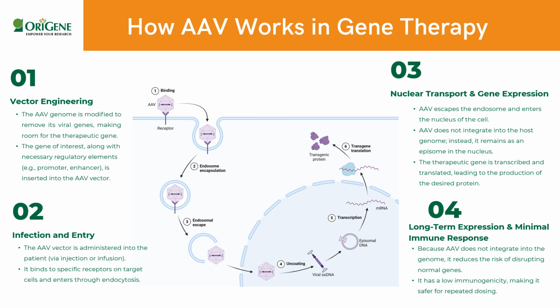Unlike some other viral vectors, AAV doesn't integrate into the host genome. Instead, it forms a stable episome, which reduces the risk of unwanted mutations. This unique feature makes AAV especially safe for long-term gene expression, a critical factor for therapies that require consistent protein production.